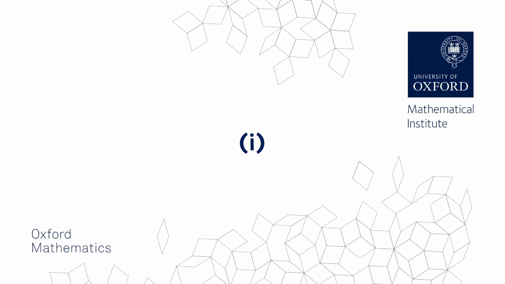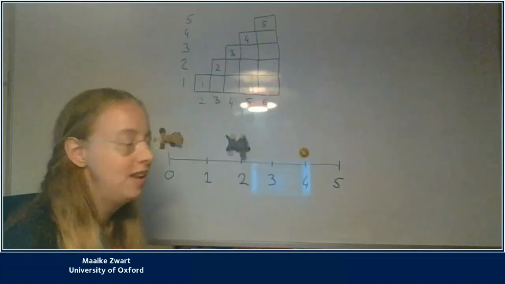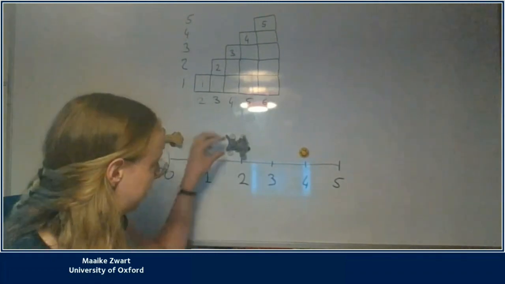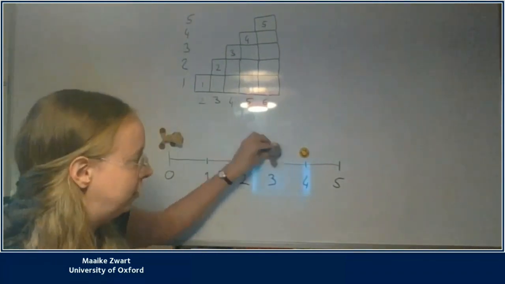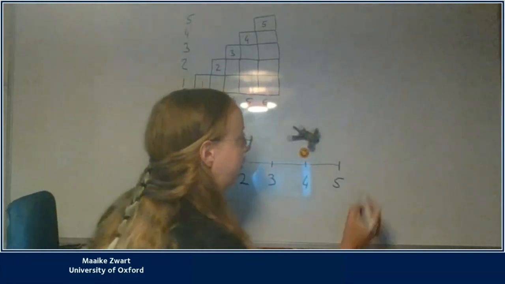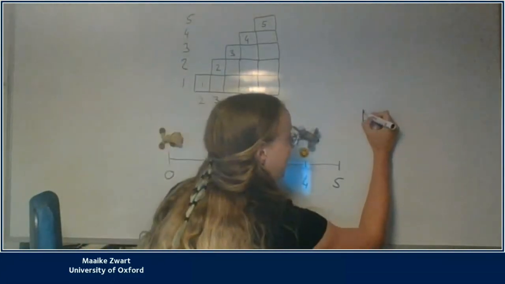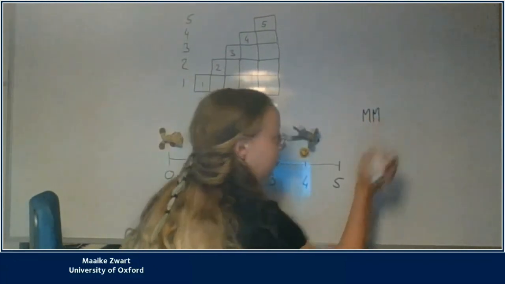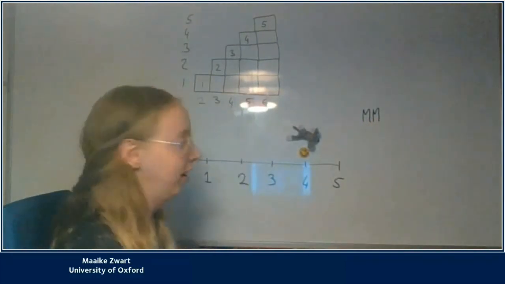Then we want to know how many possible ways of moving there are such that the mouse gets to safety. We can immediately see that if the mouse just runs 2 steps, then it's to safety. So that's our first possibility, really. Mouse, mouse. I'm going to denote it like that.